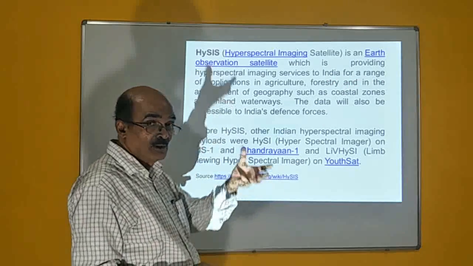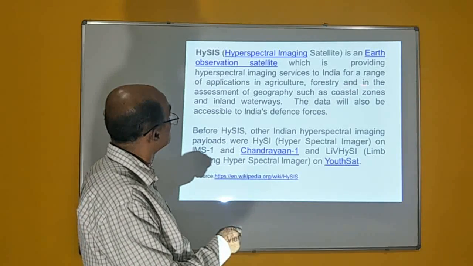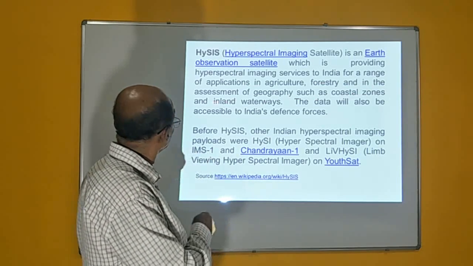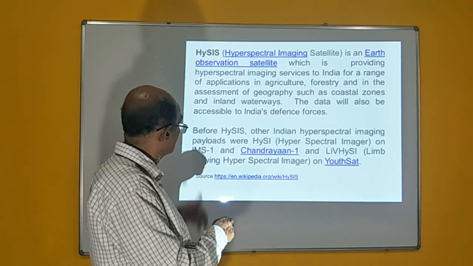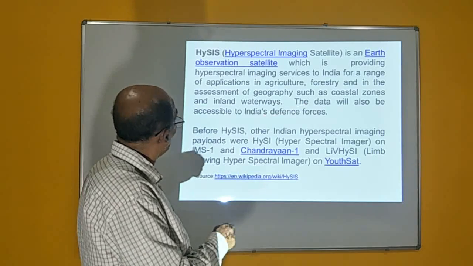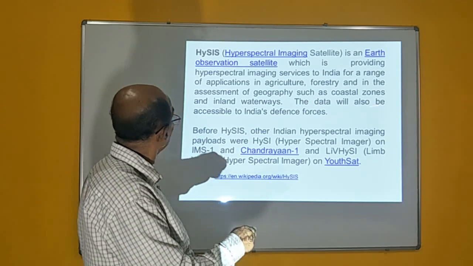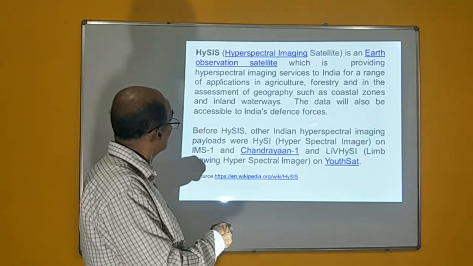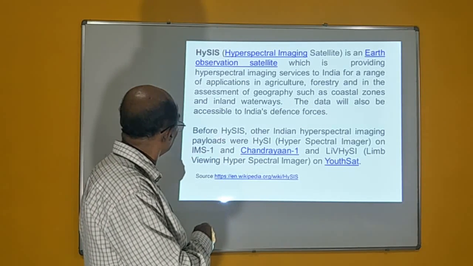See, that kind of species level differentiation is possible. And in the assessment of geography such as coastal zones and inland waterways, again we can make use of this for coastal related studies and hinterland water bodies. The data will also be accessible to India's defense forces, especially for defense purposes they are making use of.